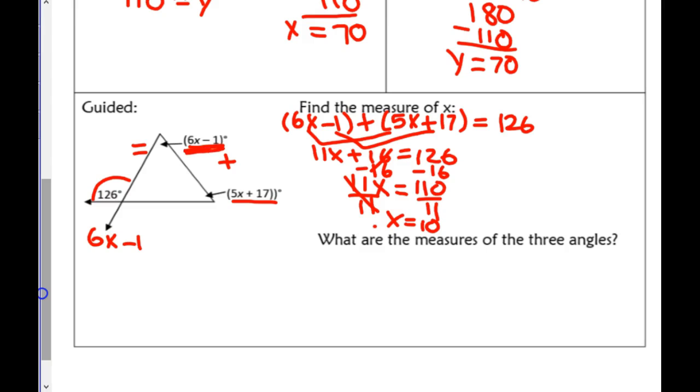So instead of x, I'm going to write 10, because we just said x is 10. So I'm replacing x with the number 10. So 6 times 10 is 60, minus 1 is 59 degrees. So right here I can put 59 degrees.